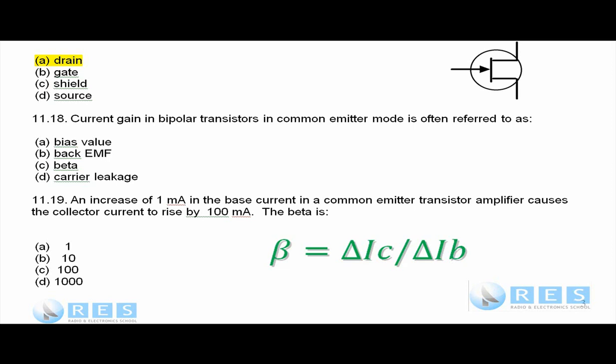And if the collector current during that change changes from 100 milliamps to 600 milliamps, that's a change of 500 milliamps. So the change in the collector current was 500 milliamps, brought about by a change in base current of 10 milliamps. So the gain of that transistor is 500 divided by 10, the gain is 50. That current gain is referred to as the beta of the transistor.